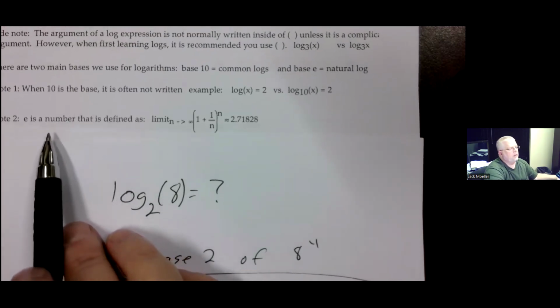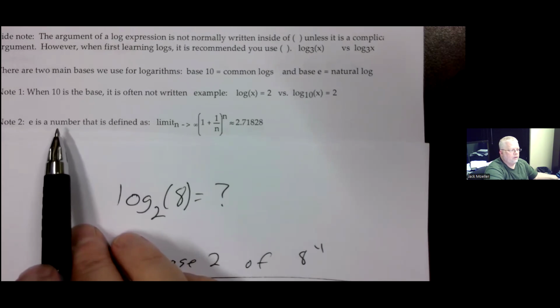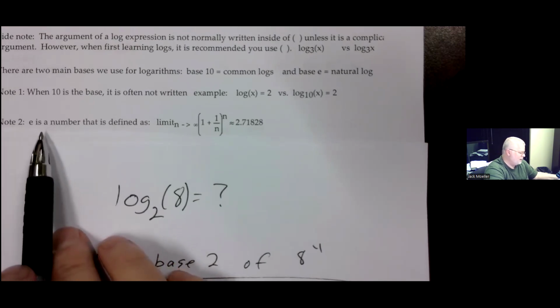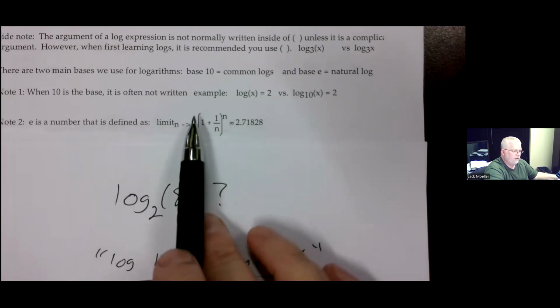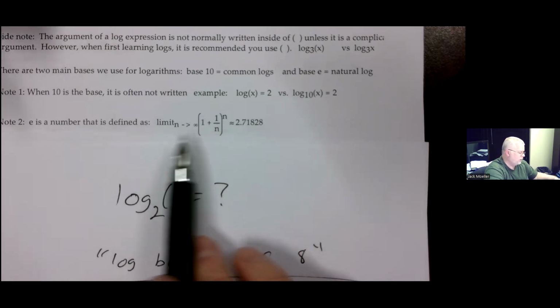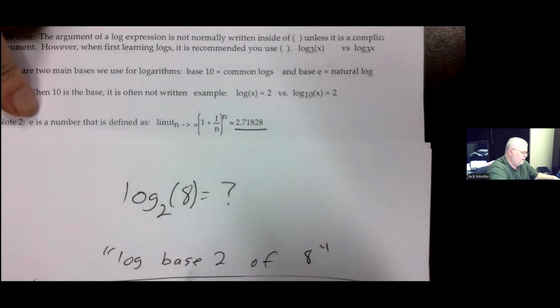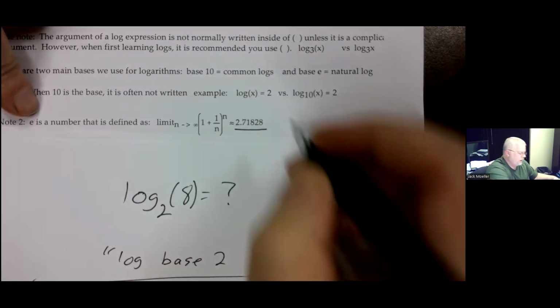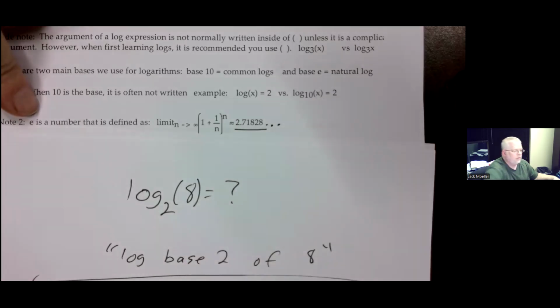To me, e is like pi, one of those magical numbers in math. Pi shows up in geometry with circles and is a number a little bit bigger than 3, like 3.14. Well, e is a number too, and it has a mathematical definition, which you don't need to know unless you're going to calculus. But e is 2.718, and it goes on forever without a pattern, just like pi.